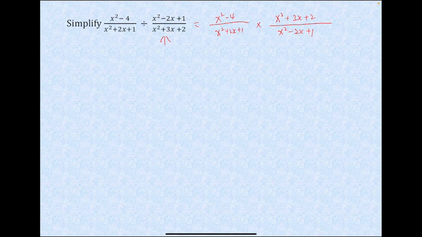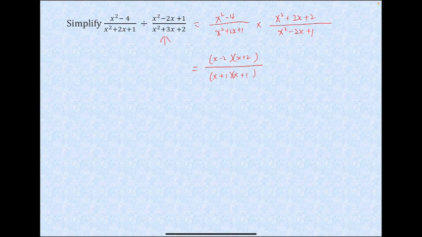Then factorize everything. So x squared minus 4 is a difference of 2 squares. So you know it's x minus 2, x plus 2. All right, next one. X squared plus 2x plus 1. So you know this is actually a perfect square. It's actually x plus 1 square. Because 1x plus 1x gives you 2x.